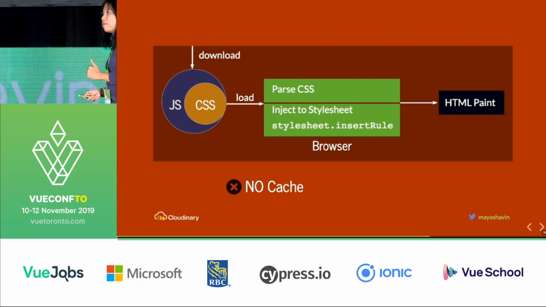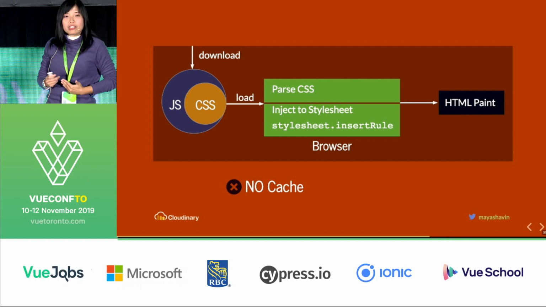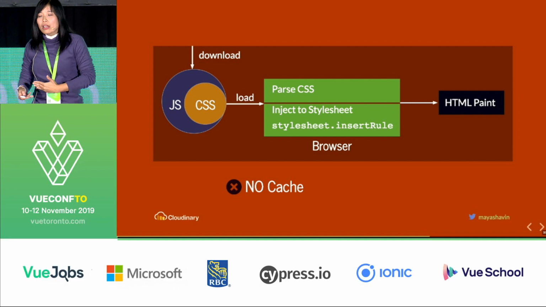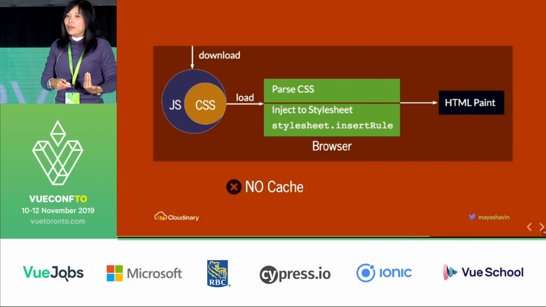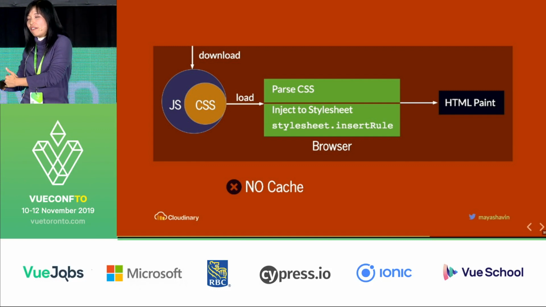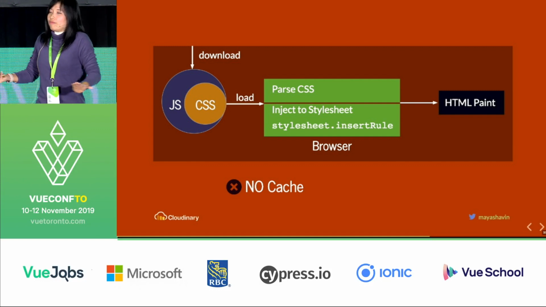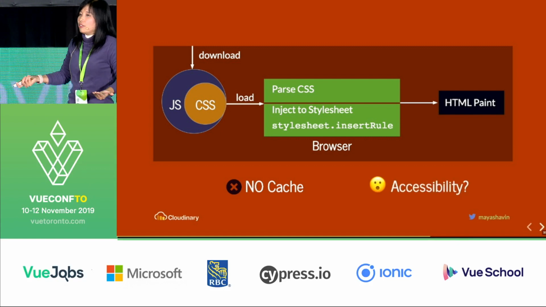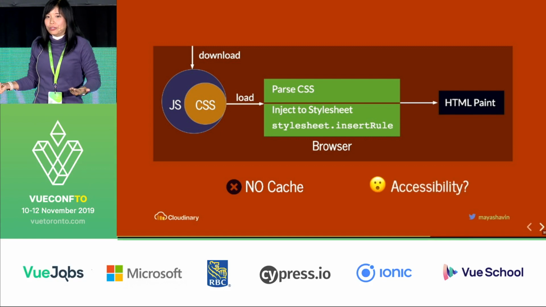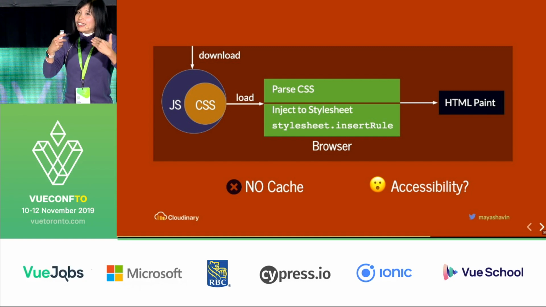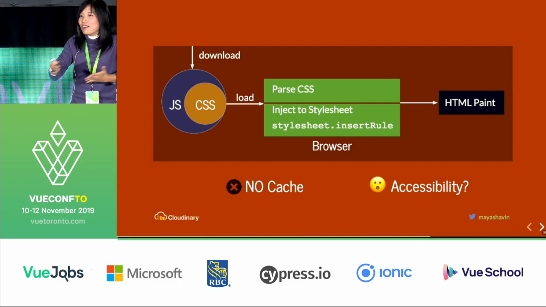So even if you have a website that doesn't run JavaScript, or some browser doesn't allow you to run JavaScript, or something happens with the browser that is so slow that it takes time to load and parse the JavaScript part, then it's broken. Your UI will be broken, and then you don't have accessibility for the user anymore. They will see a broken page instead of a nicely looking page that is also functional. Which one do you prefer?